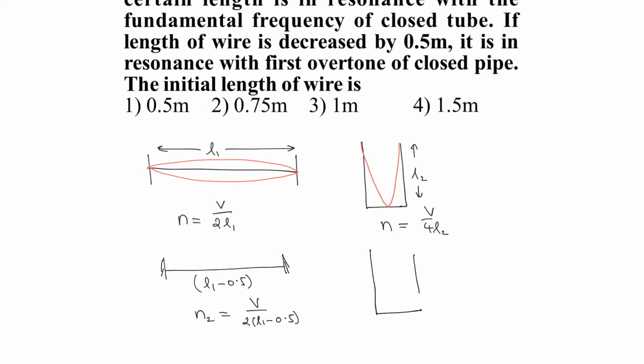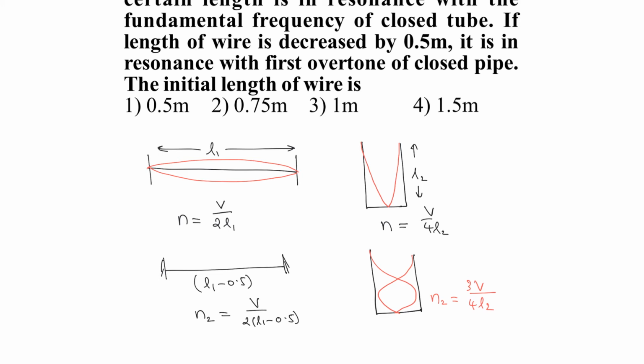The first overtone oscillates something like this, and its frequency N2 is equal to 3V divided by 4 into L2.